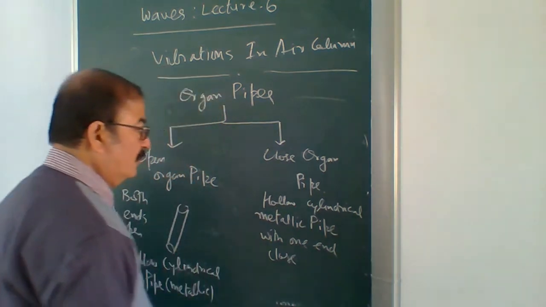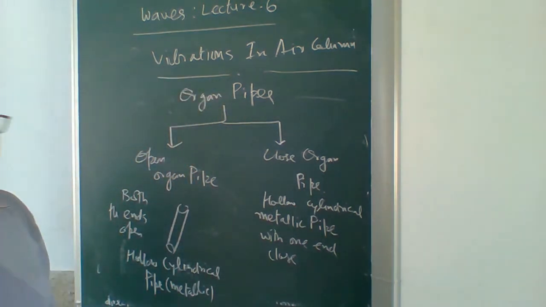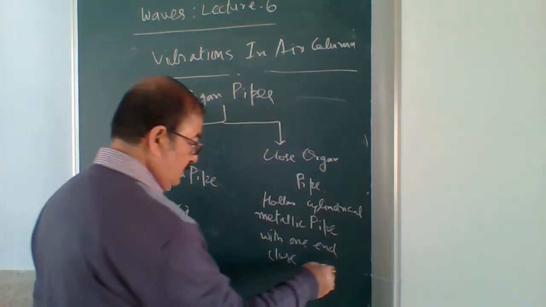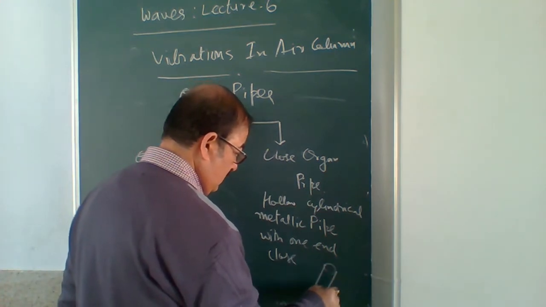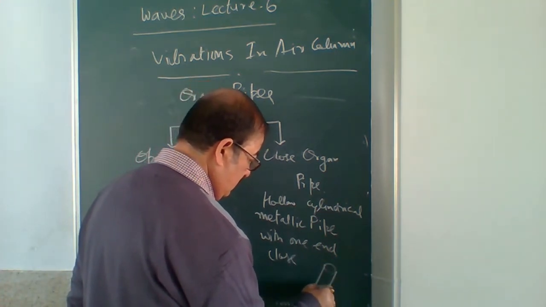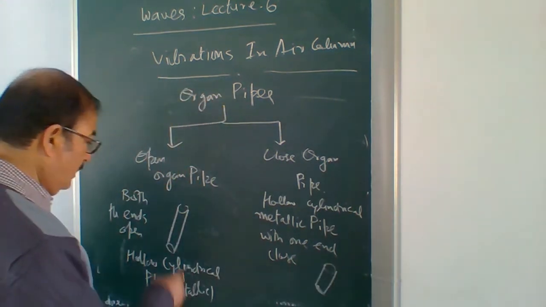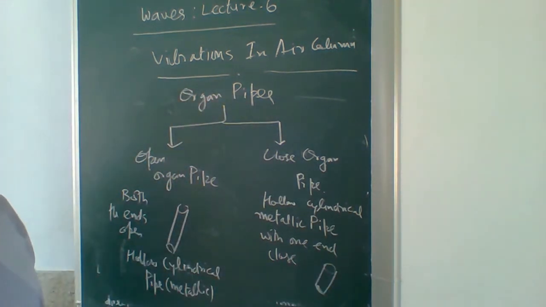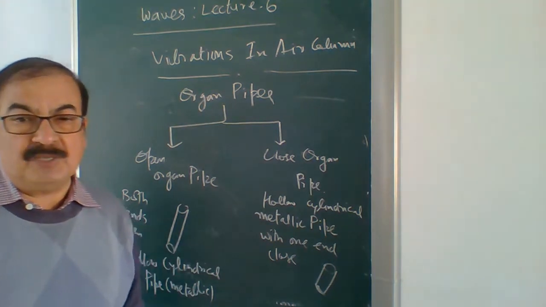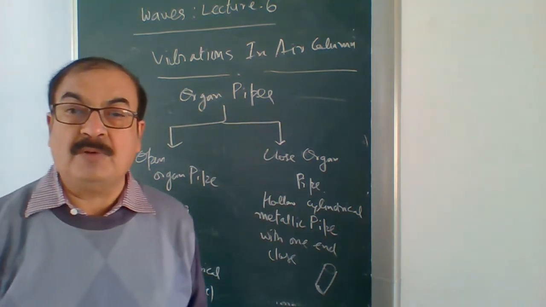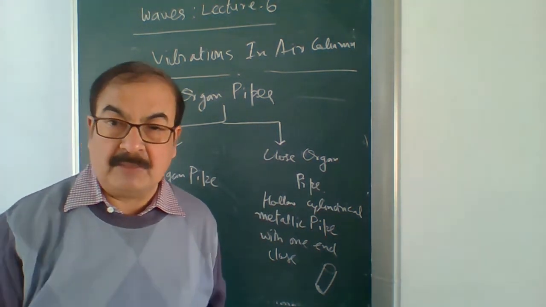If one end is closed, then the other end is definitely open, and that means here we can have this type of situation. This end is closed, this end is open, and here both the ends are open. Okay, and if this type of pipe we use, that we call as the open organ pipe. तो open organ pipe हो जाता है.